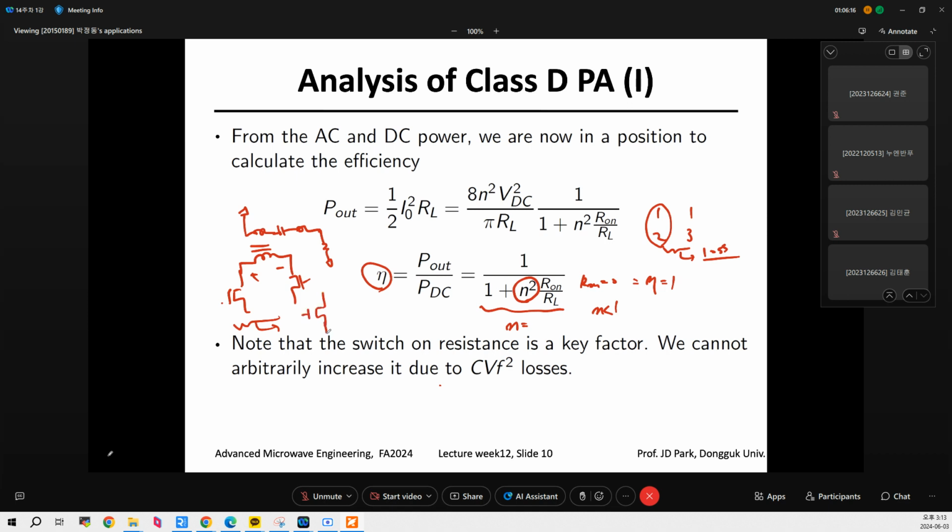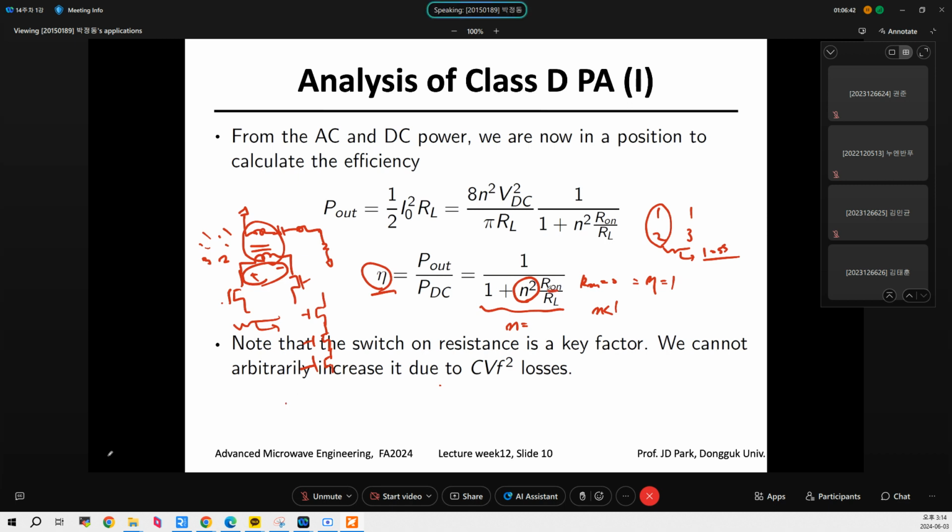What if we just step up to make this output voltage large and to make this transformer ratio, let's say, 2 to 1 or 3 to 1? Then we will improve efficiency based on this equation.